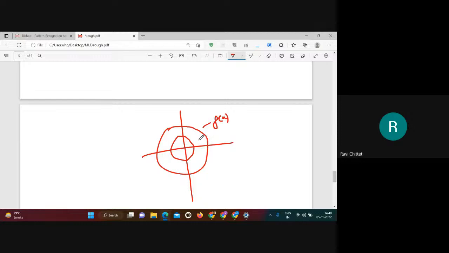If this is the constraint equation and you are saying this is g(x), the point should lie inside this. And what is the problem, what is the effect for this? I need to get some minimum or maximum value.